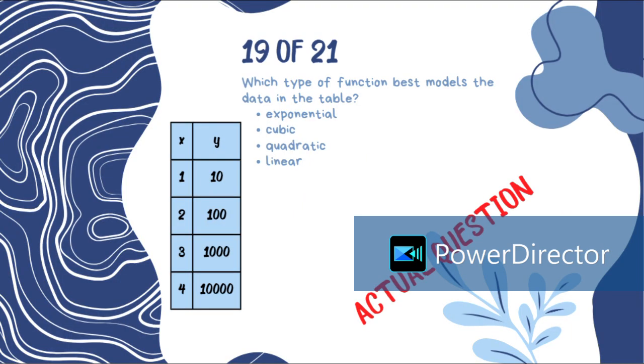Okay. Here's number 19. Which type of function best models the data in the table? So to figure this one out, you go to GeoGebra, you click in table, you put all this information in, it graphs it, and then you're going to click into your y sub 1 little 3 dots.